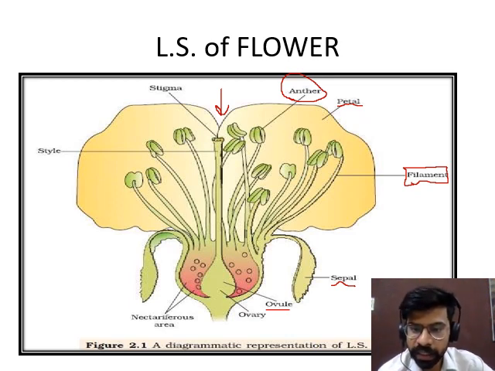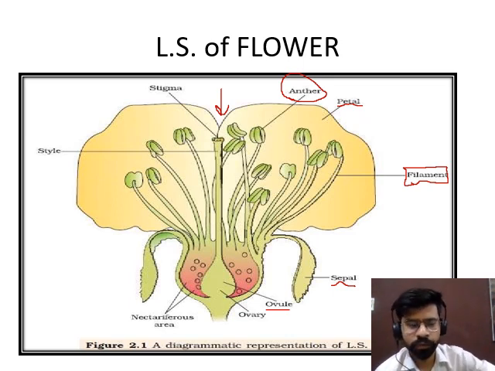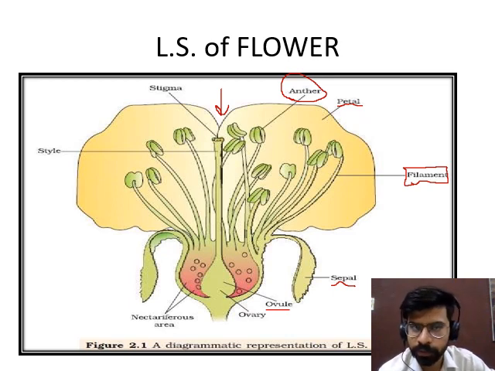But seed production and fruit formation will take place after sexual reproduction. Got it? And there are two types of fruits in the first chapter, parthenocarpic fruit. So it is the formation of fruit without fertilization. Next.